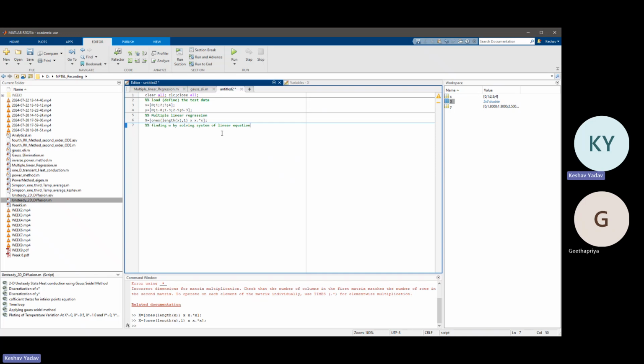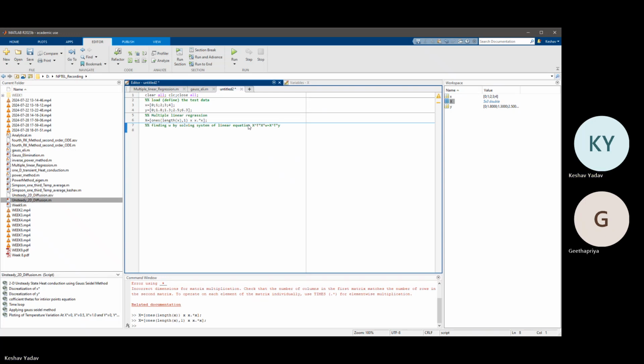Which system of linear equations? X transpose multiplied by X multiplied by W will be equal to X transpose multiplied by Y. This equation we will solve to get the value of W.